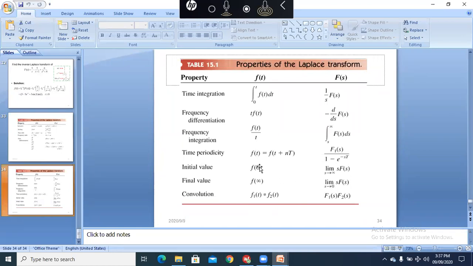With the help of this, we can find the initial and final values of the function in the time domain. Also, for the convolution, we have multiplication in the Laplace domain.